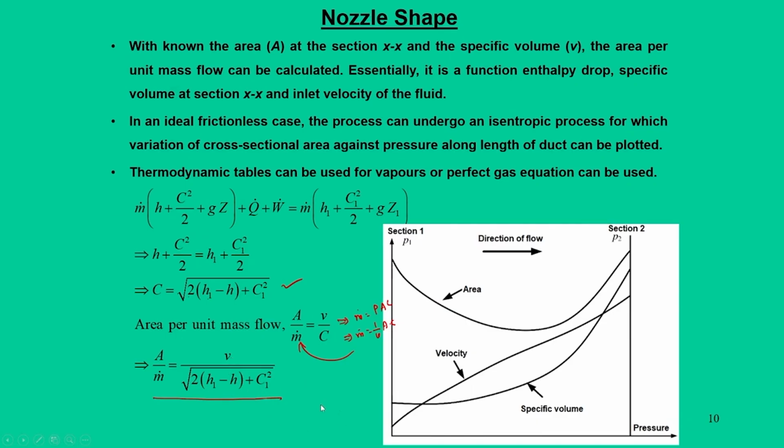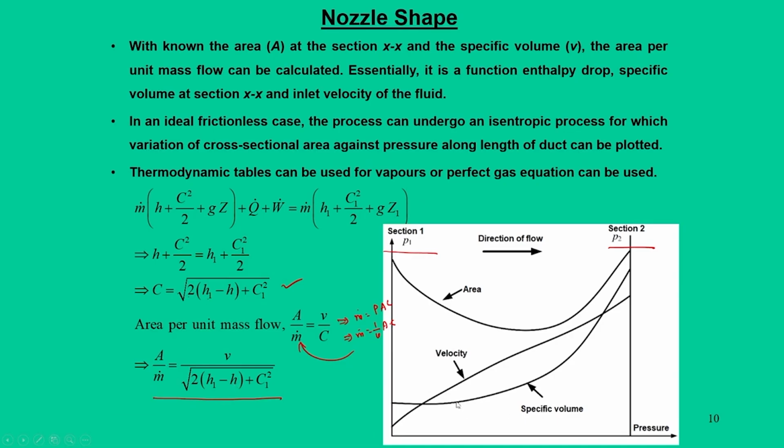Now, let us try to understand these things with respect to these expressions. If you take two sections, section 1 and section 2, and plot the curves, that means how area varies with pressure, how velocity varies with pressure, and how specific volume changes with pressure. And remember, we are using either steam or a liquid.